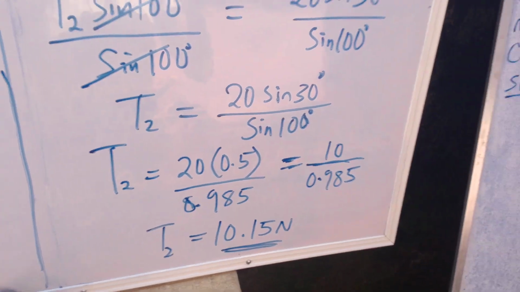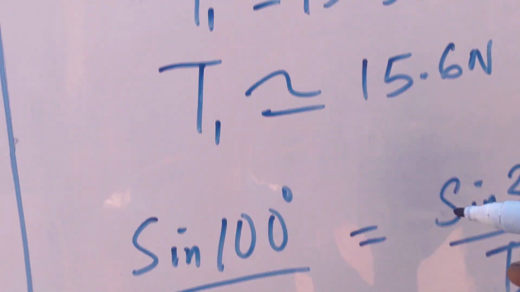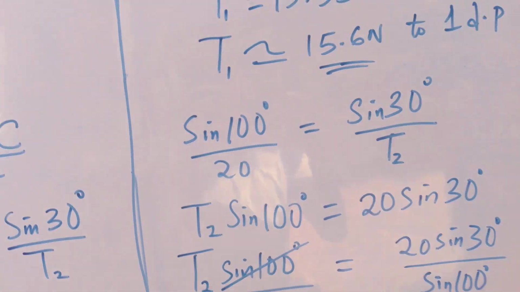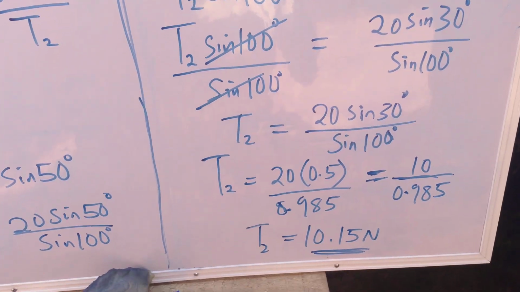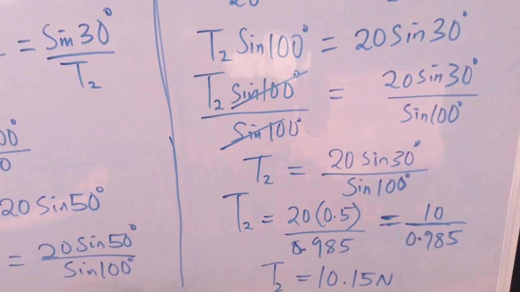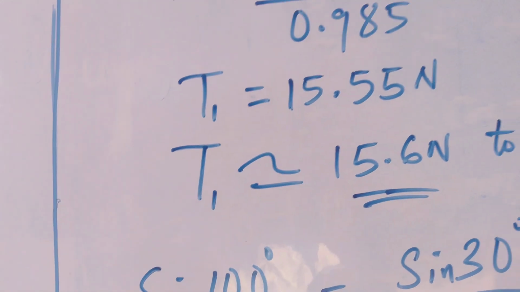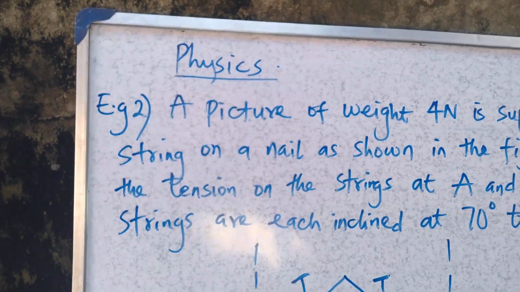That's tension T2, and tension T1 is 15.6 Newton. Alright, that is it. We'll stop there. Those are the tensions in the two strings. Alright, we have another question on the board.